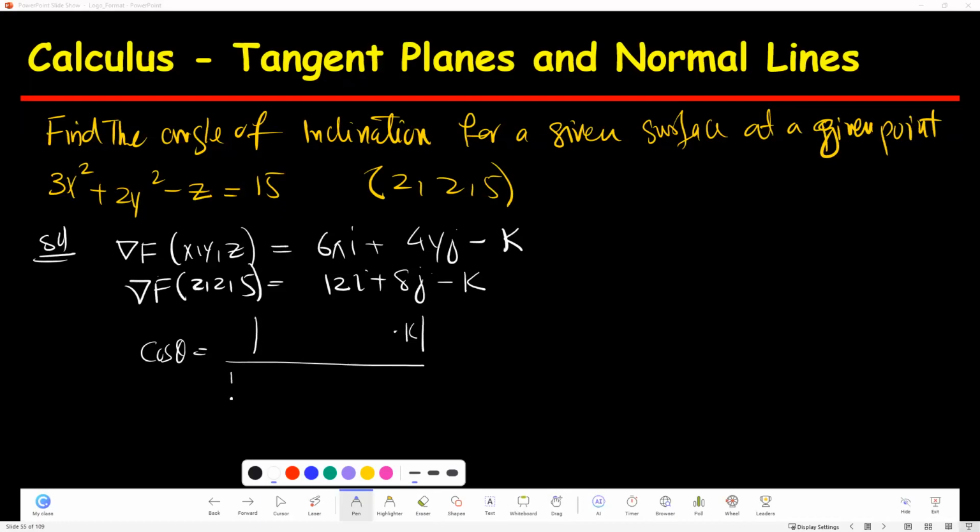And in the denominator, I have the magnitude of the whole gradient vector at 2, 2, 5 times the magnitude of the k vector, which is a unit vector. So this is supposed to be 1. That's why usually we don't write it. And the other side is going to be written like this.